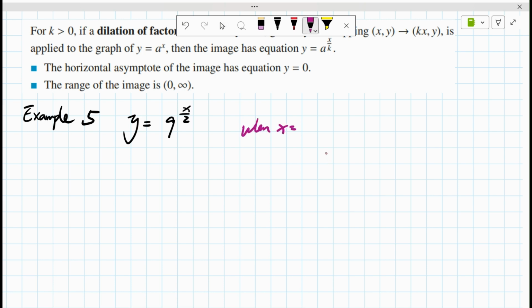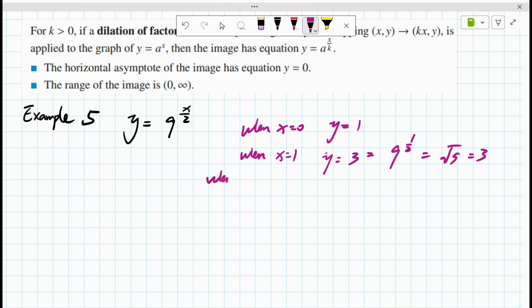When x equals 0, y equals 1. When x equals 1, y equals 3, because it's 9 to the half, that's the square root of 9, that's 3.